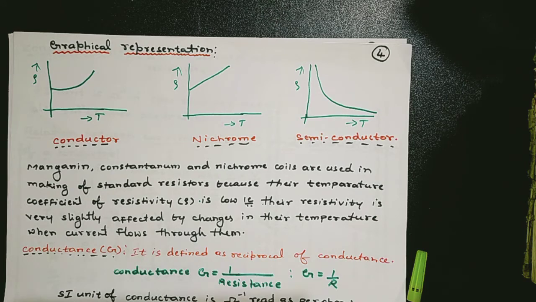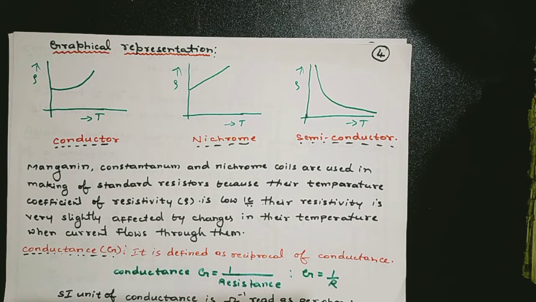Again, you can go through the previous CET papers wherein you will find questions based on this variation of resistivity with temperature. It may be CET or JEE or NEET. So, it's very important, students. Remember, in case of conductor, resistivity increases with increase in temperature but not linearly.